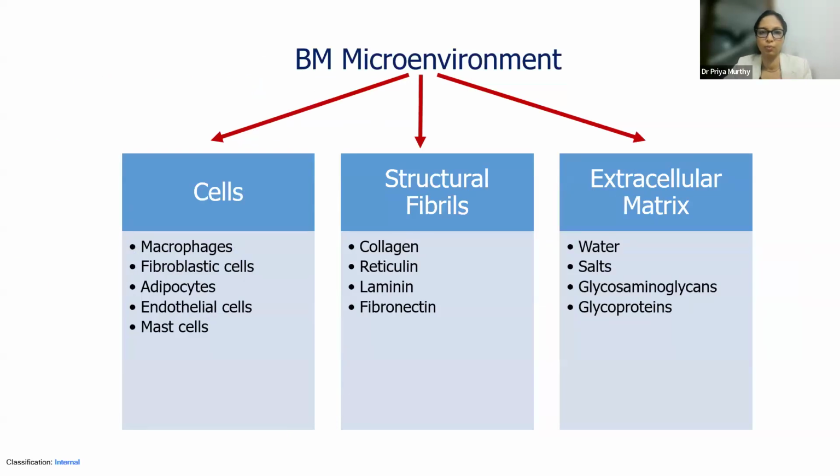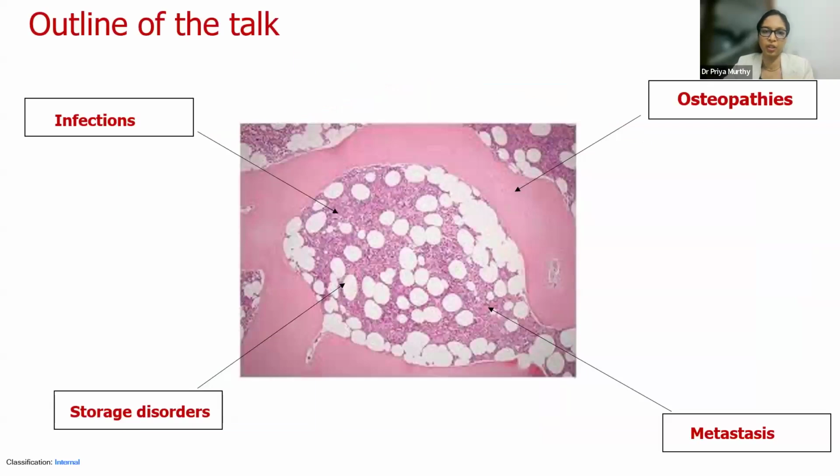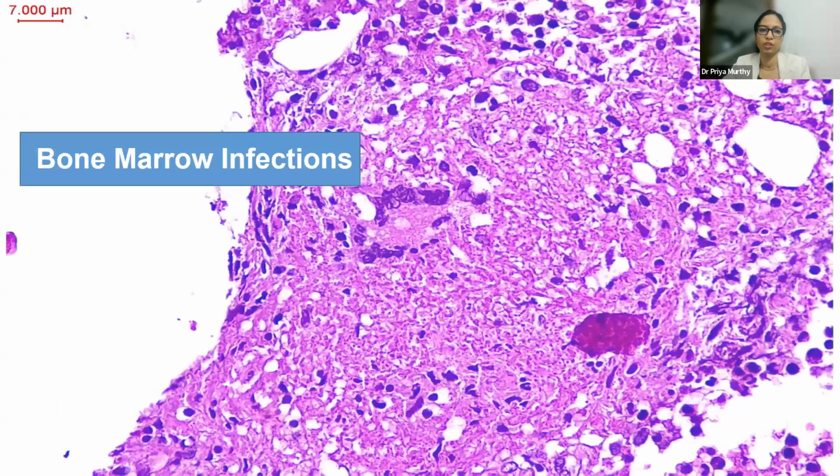So there is a bone marrow microenvironment which consists of cells, structural fibrils, extracellular matrix. As an outline of today's talk, I will be dealing with infections involving bone, storage disorders, metastasis, and osteopathies. So to begin with, in the first section, bone marrow infections.